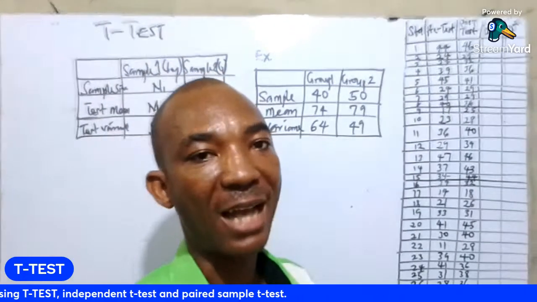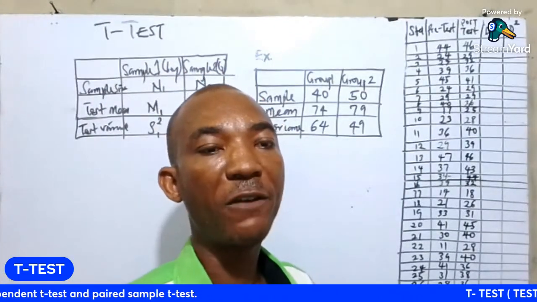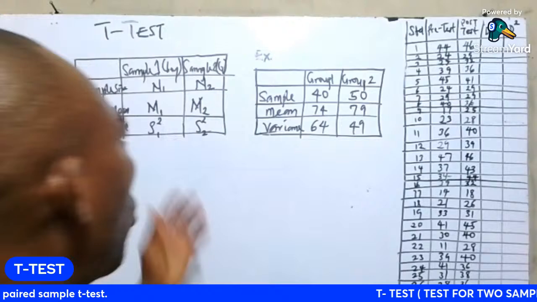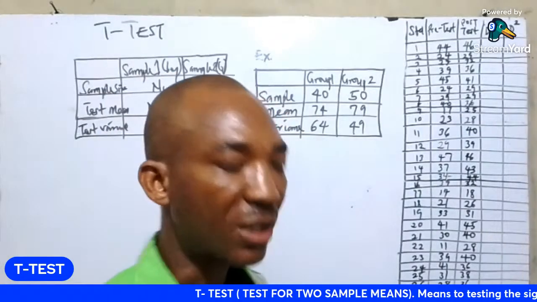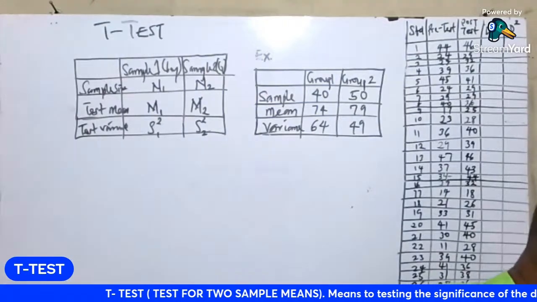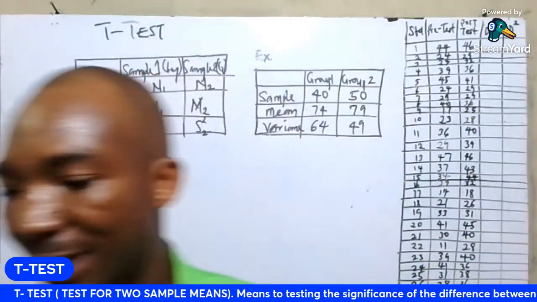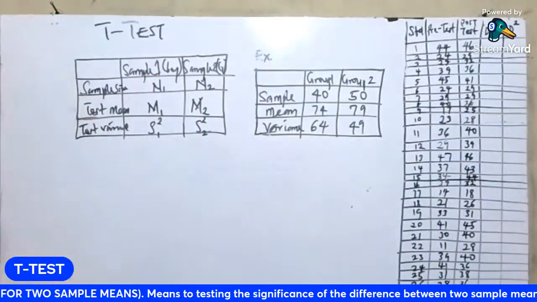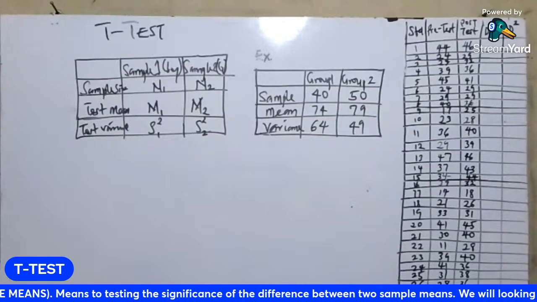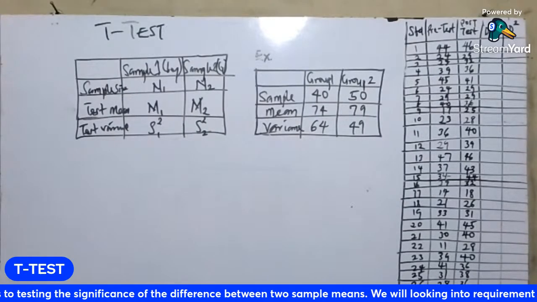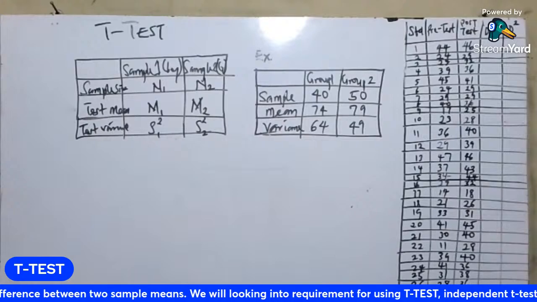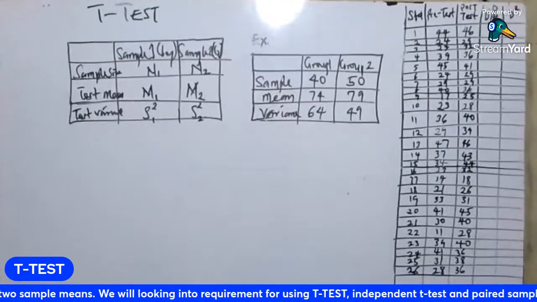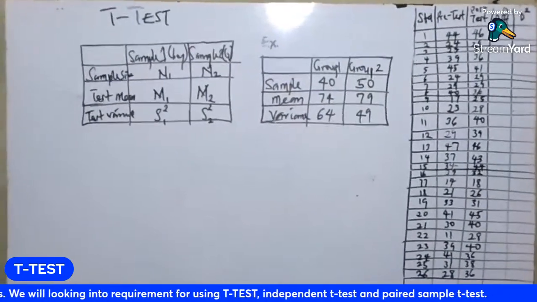And just as I promised in the previous video, we are going to start with the t-test. Like I told us in the previous video, we have been looking at the test of difference, and under the test of difference, we have looked at chi-square. That was in our previous video.